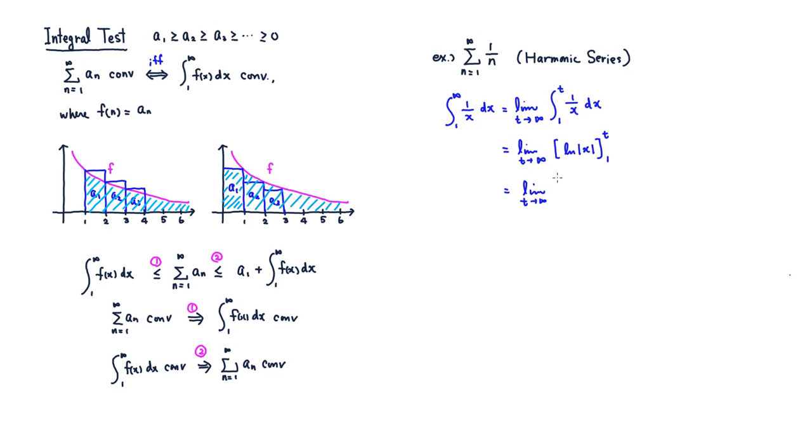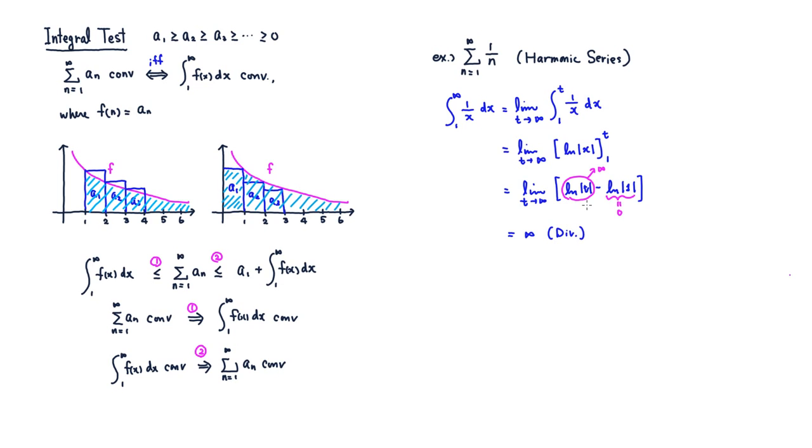I plug in t, so you have the natural log of the absolute value of t minus the natural log of the absolute value of 1. But the natural log of 1 is 0. As t goes to infinity, the natural log of infinity is infinity, so this goes to infinity, which means this improper integral is divergent.